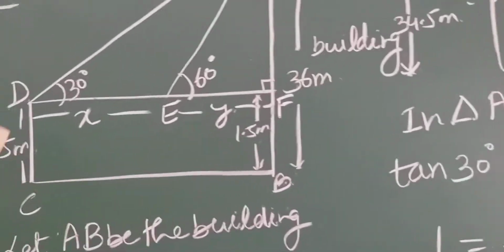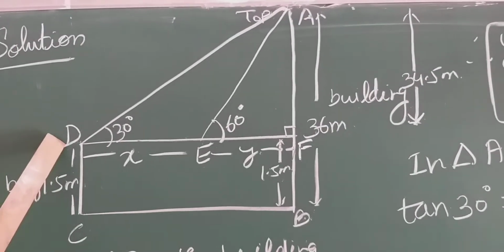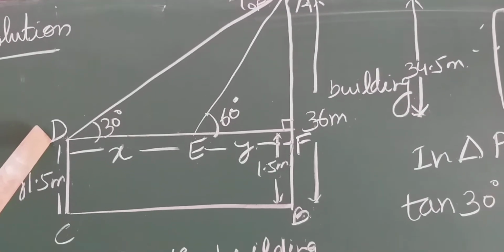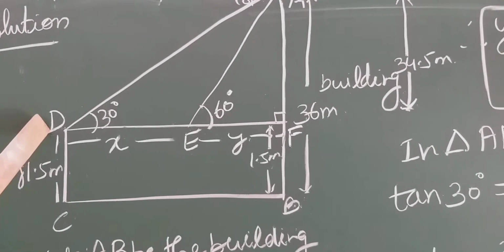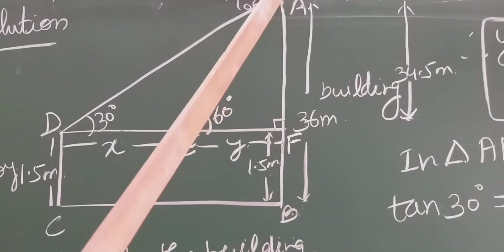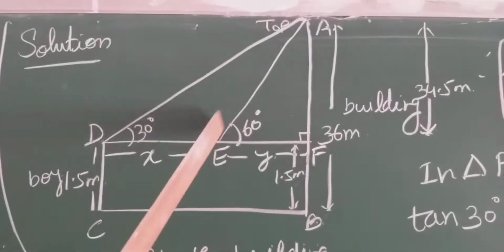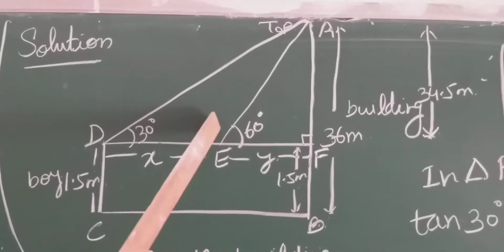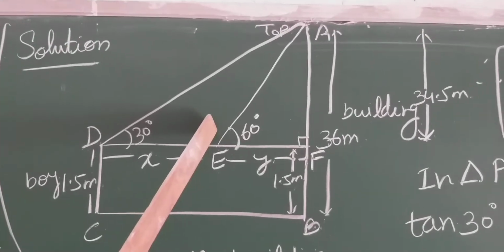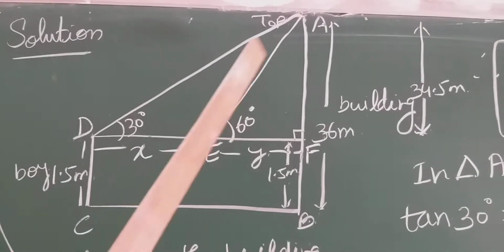Now students, next triangle we will take AFD. Remember students, we have to take a right angle triangle. Generally it is seen that students are taking triangle AED. It is wrong. AED is not a right angle triangle. To use trigonometric ratios, every time we have to take a right angle triangle.